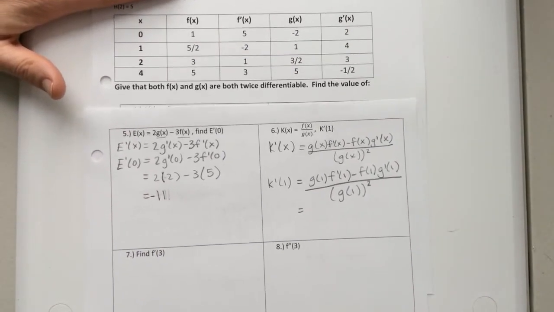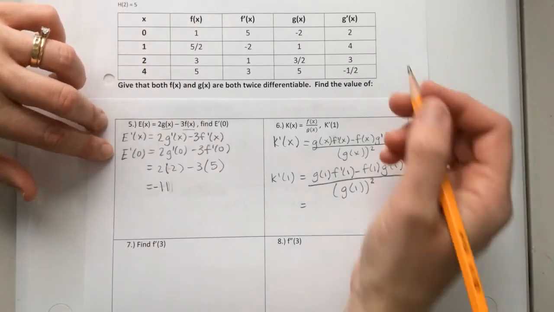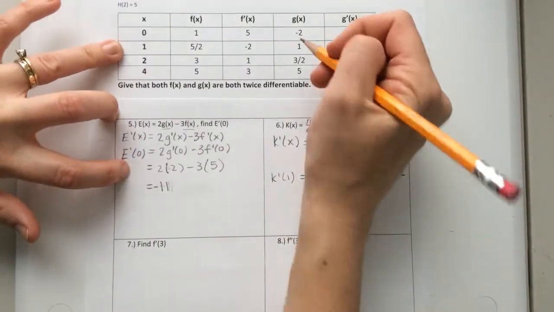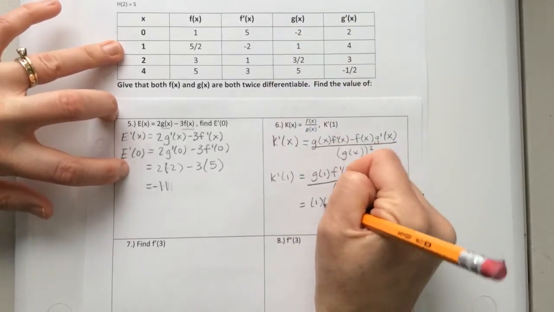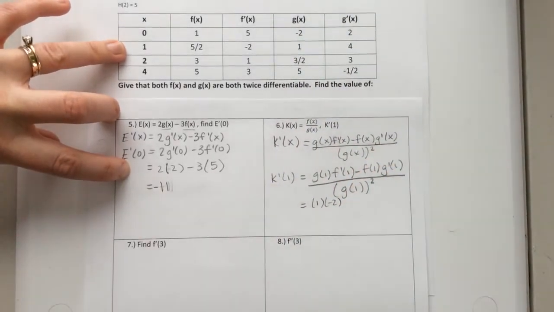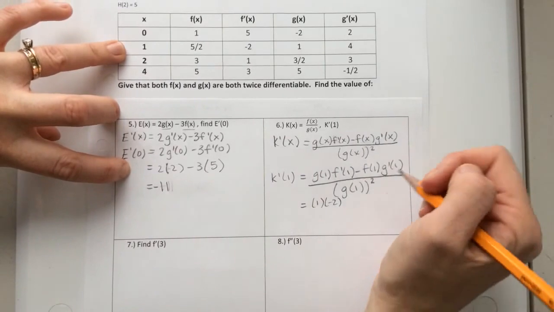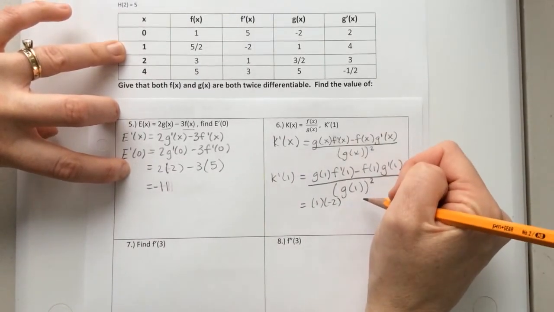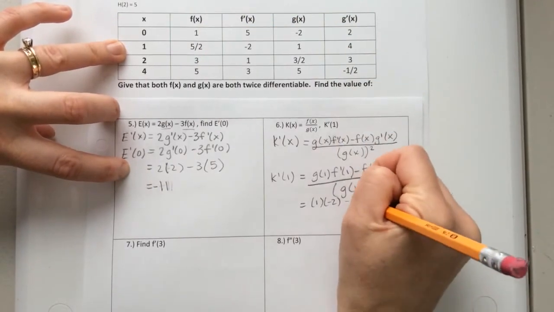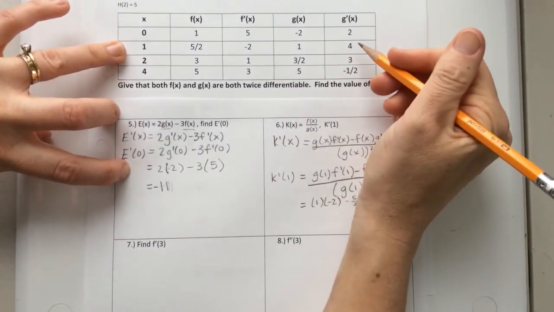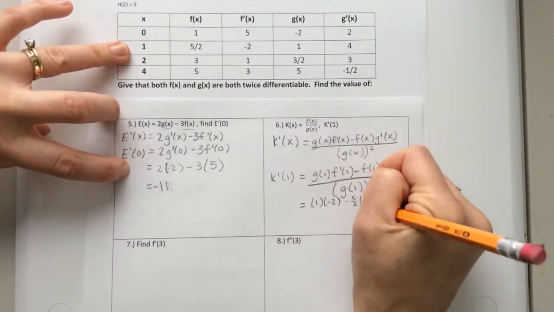So g of 1, maybe I can see this all at once. Here we go. G of 1 is 1. F prime of 1 is negative 2. F of 1 is 5/2. G prime of 1 is 4.